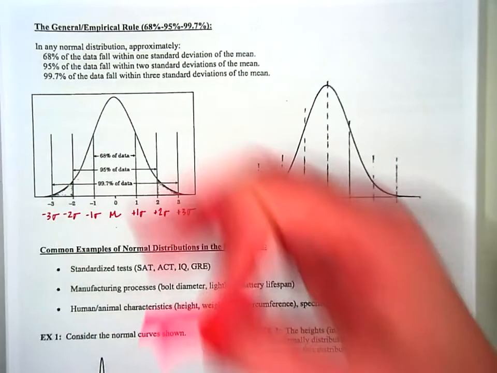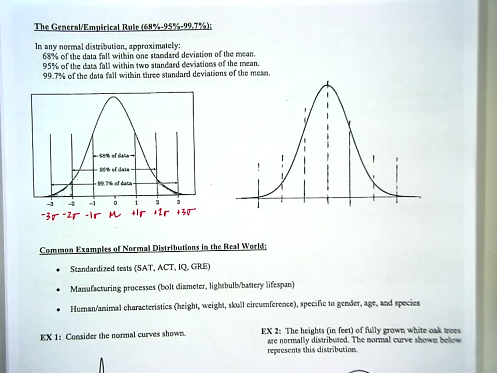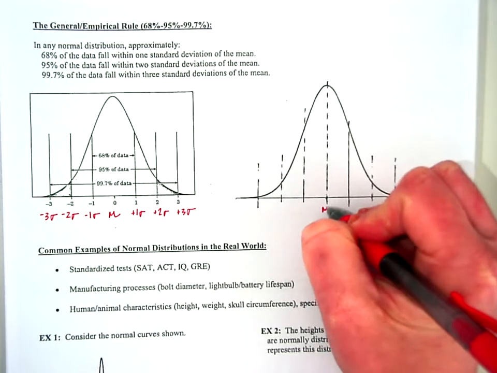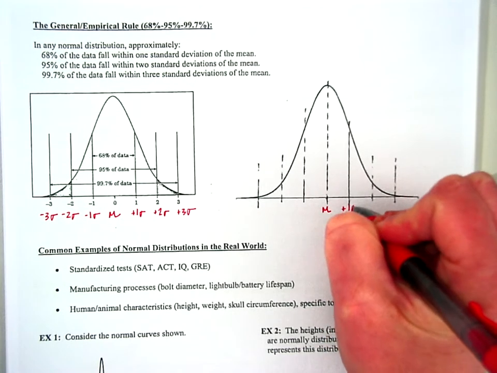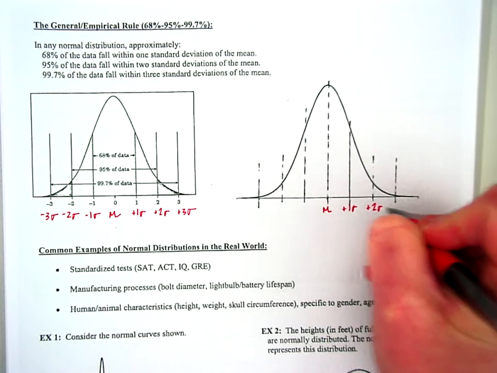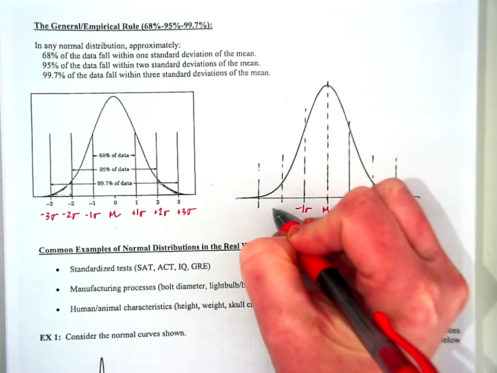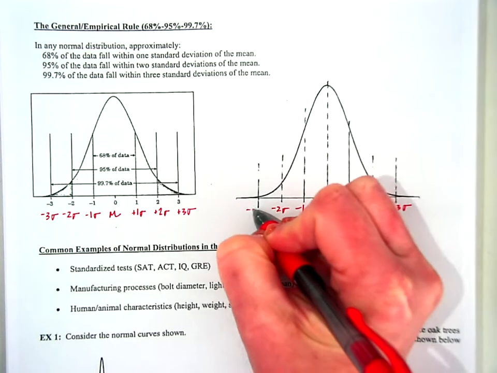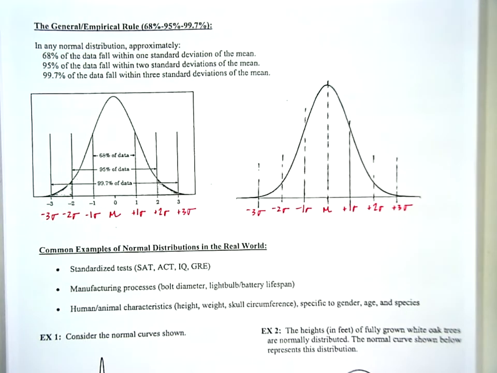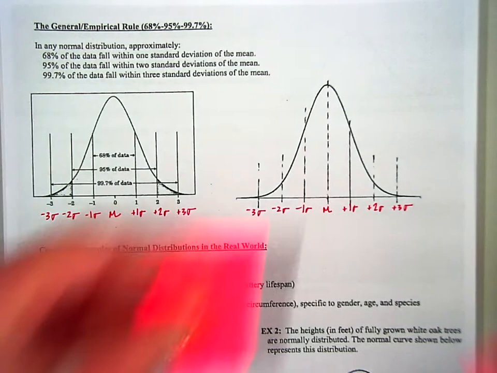Over here, I'm going to break it up into more specific regions. Here's the mean, here we're 1 standard deviation above, 2 above, 3 above, 1 below, 2 below, 3 below. The first thing I'm thinking about is that middle 68%.